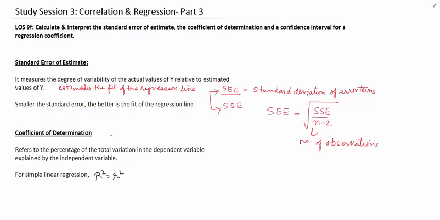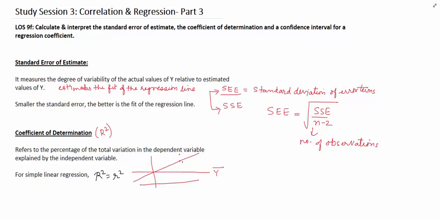The second concept we are going to discuss today is the coefficient of determination, represented by R square. Coefficient of determination is basically defined as the percentage of the total variation in the dependent variable that is explained by the independent variable. So for example, if I have a regression line like this, and this is the mean value of the dependent variable, say y bar, and the predicted value is this, and the actual value is this.